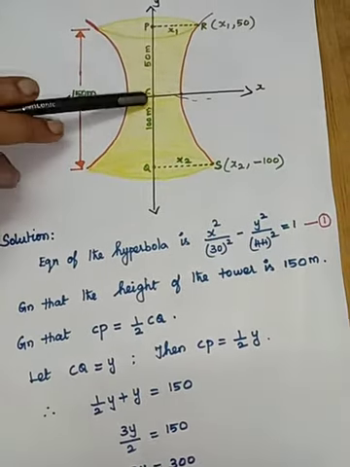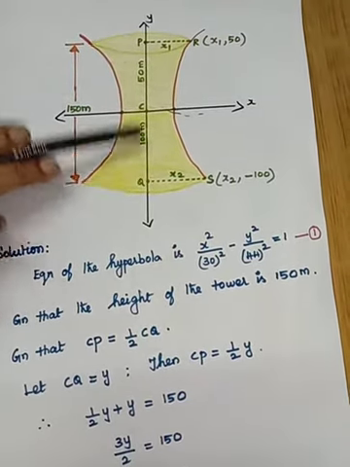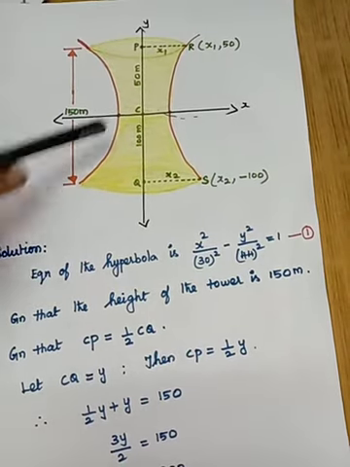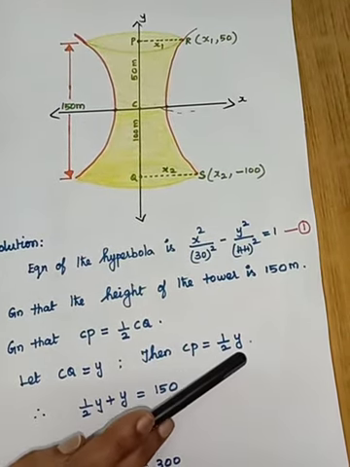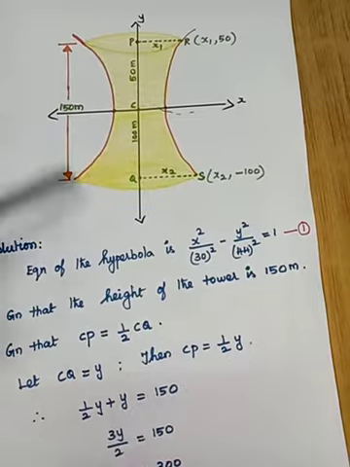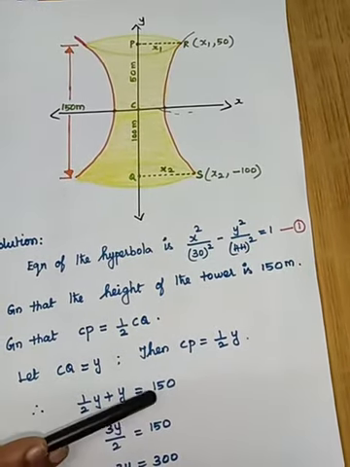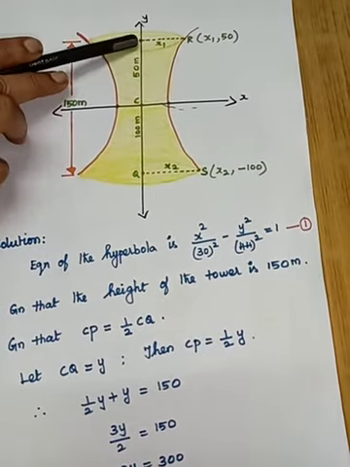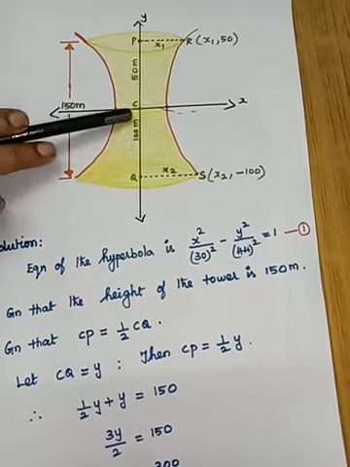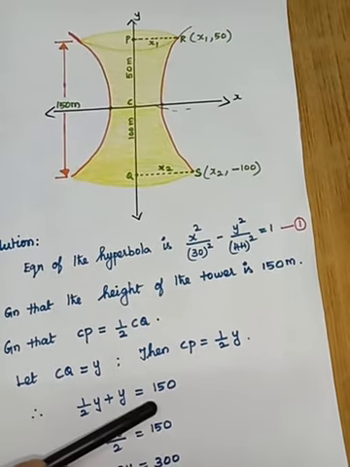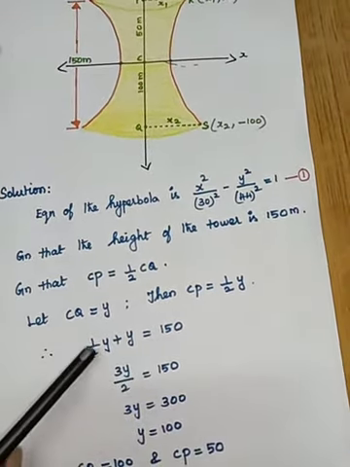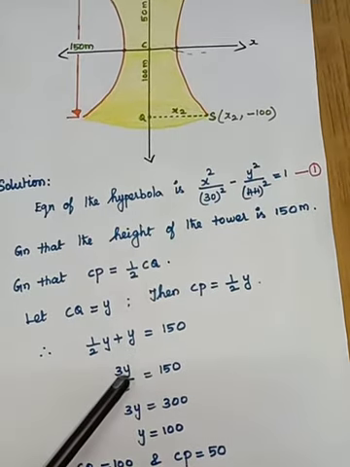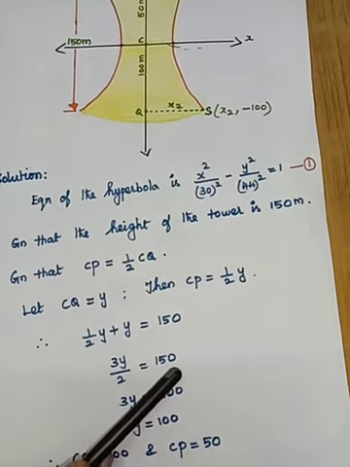Now you take CQ as y. Then CP is equal to half into y because it is given like that. What is the total height? It is 150. So half y plus y is equal to 150. So half y plus y is 3y by 2 is equal to 150.